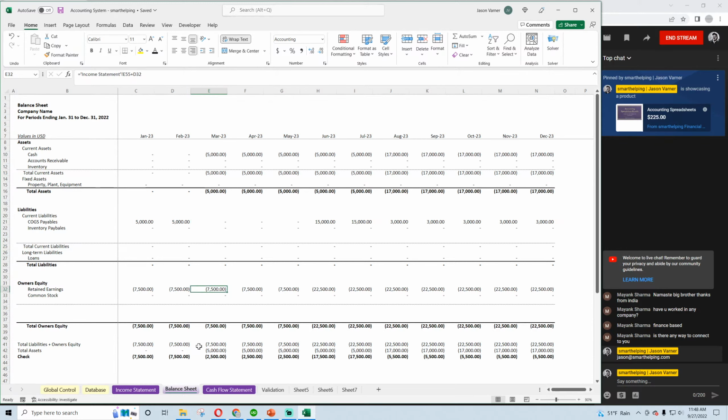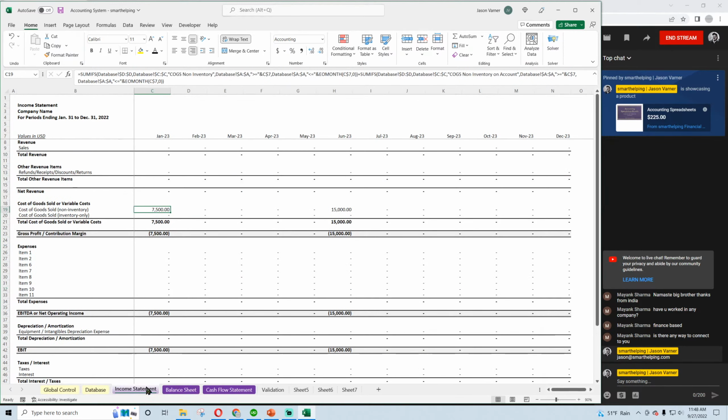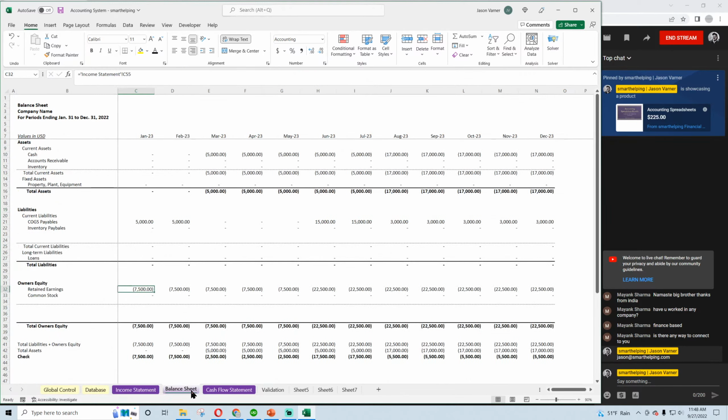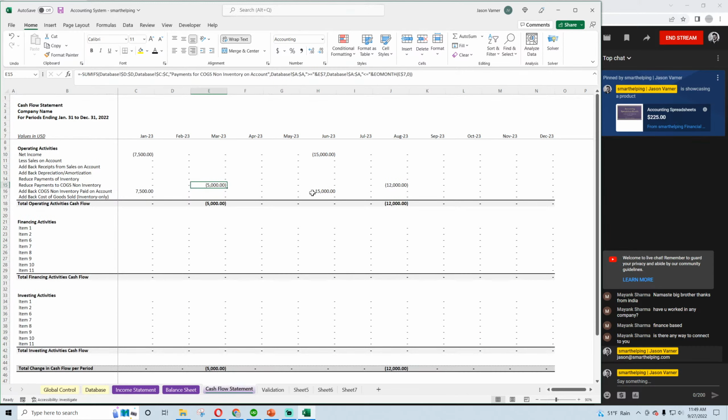So how do we have a variance here? $75. Let's see. And then also we have a variance here at 15 of 17.5. Okay, so something is not right.